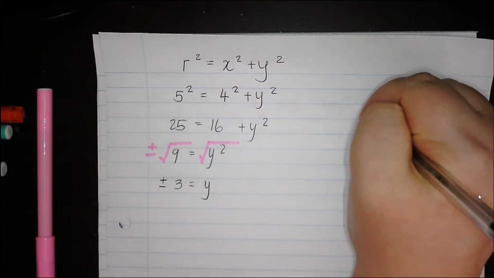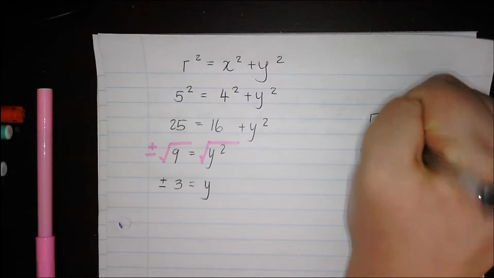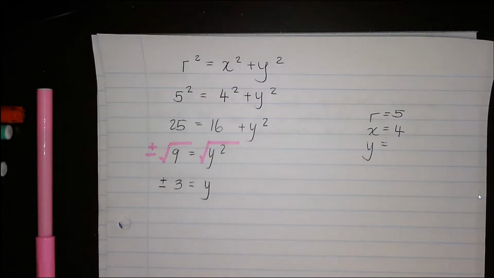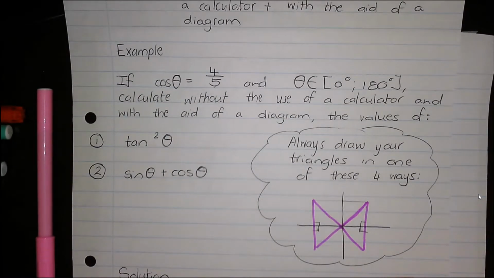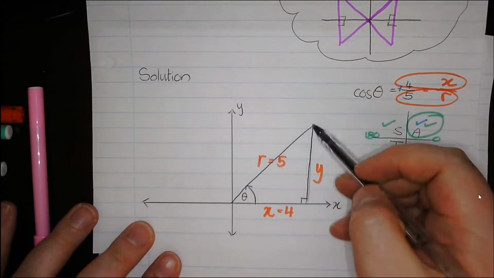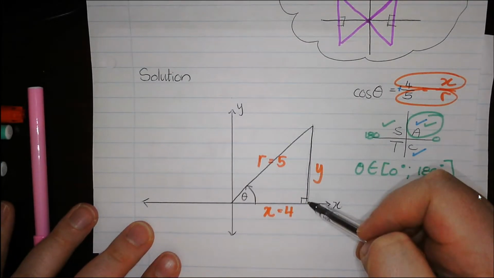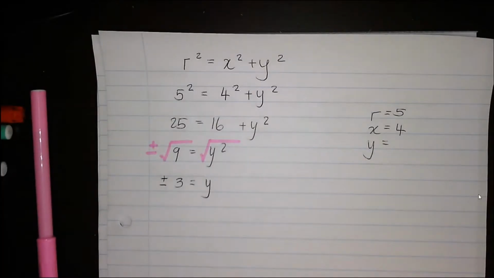So we know that r is 5, x is 4, and now we need to determine whether y is positive or negative. We use the sketch to determine this. Y is clearly positive on this sketch. It's on the positive y-axis, so it must be positive 3.